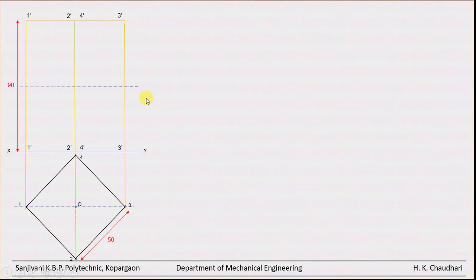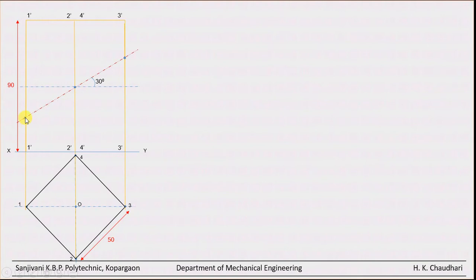Now take a horizontal line at exactly mid point of the axis, and there we have to locate this inclined cutting plane. Now this inclined cutting plane makes an angle of 30 degree with this horizontal one. This line is only for our convenience.